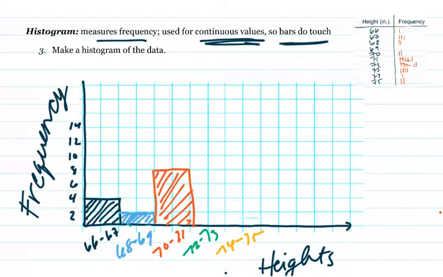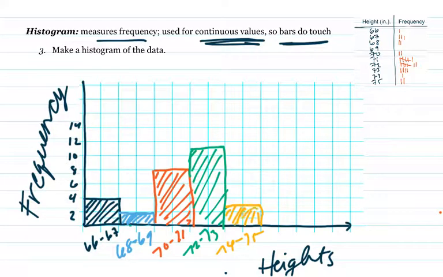So that's halfway between 10 and 12. And then for the last one, for 74 and 75, there were 3. And so this gives us a histogram. Again, the bars do touch because you're dealing with a continuous value, a continuous spectrum.